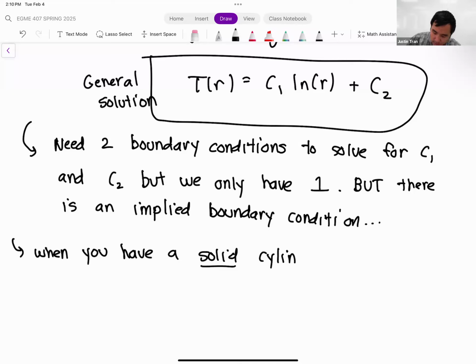When you have a solid cylinder, that means there's no inner cavity at all. So it's solid all the way through. The really special thing about this situation compared to the last example is that r equals 0 is actually part of our domain.